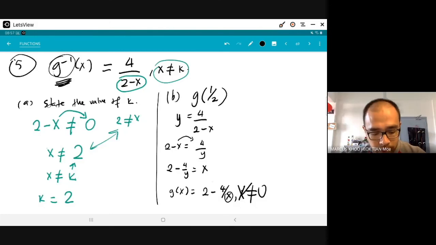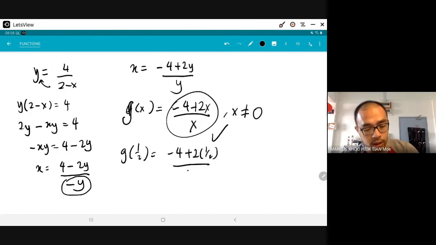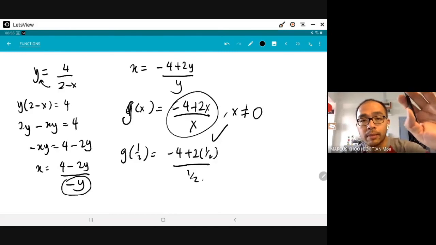Okay, tapi saya rasa macam cara ini kan, cara ini lebih senang sebab dia 2 step saja. Tinggal kau pindah dan pindah. Okay, so I'm going to use this equation, 2 minus 4 over x. Oh no, saya pakai inilah. Okay, walaupun ini rumit lah. Tapi g(1/2) will be negative 4 plus 2 times half over half. Okay, then kamu tambah sendiri.